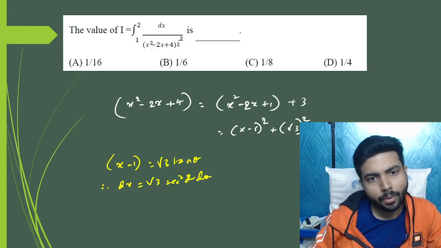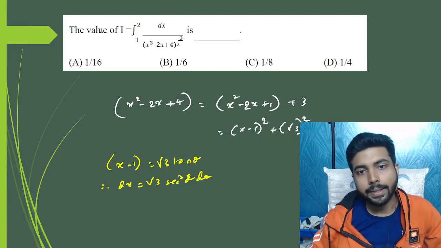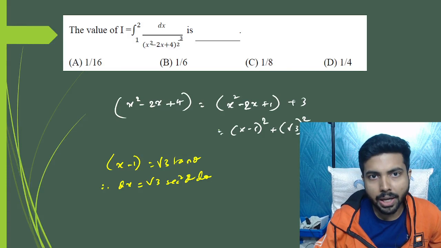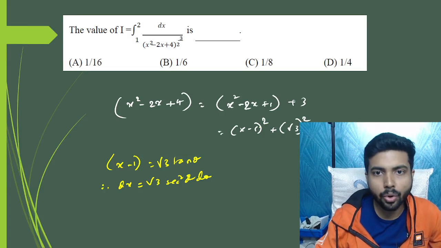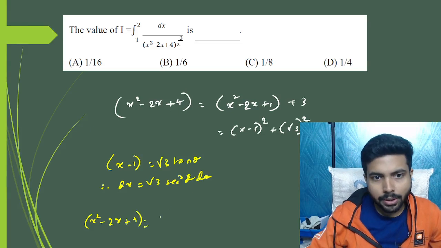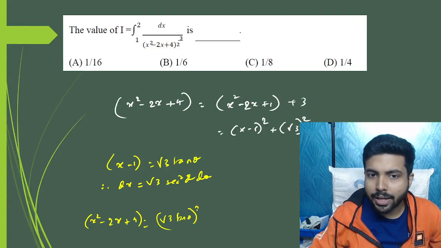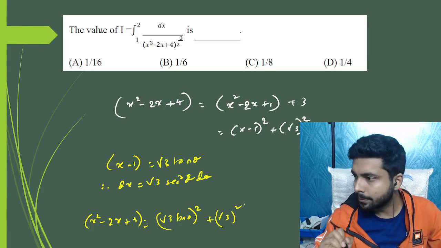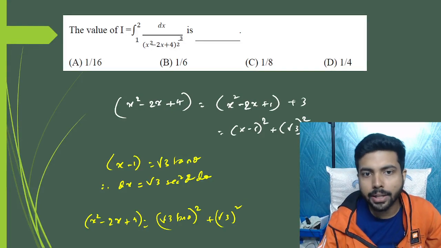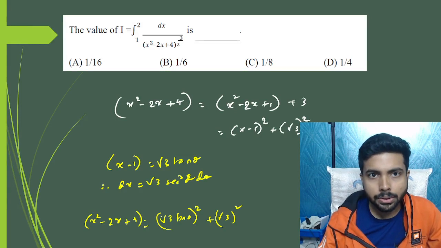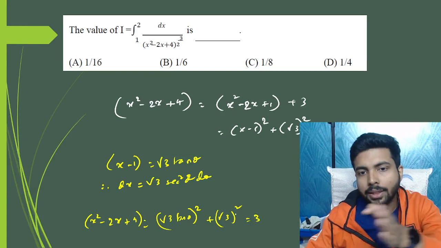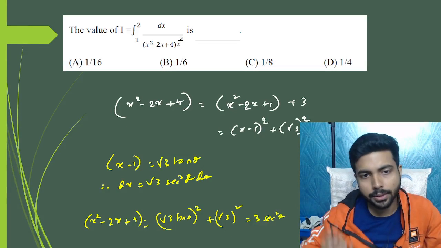Is this okay too? Okay, fine. Now tell me about this whole expression given below, what is this thing? (x minus 1) whole squared plus root 3 squared is basically (root 3 tan theta) squared plus root 3 squared. That means if you take 3 as common, we are left with tan squared theta plus 1, that means sec squared theta.